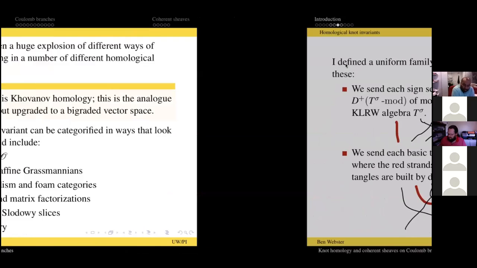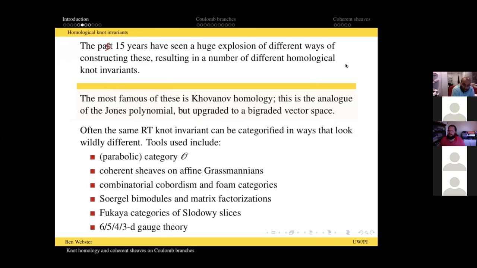Actually, relatively few of these do. There's the Zirkel bimodule story where you actually have to use a braid closure. Most of these other ones don't. It really is that you assign something to any tangle.